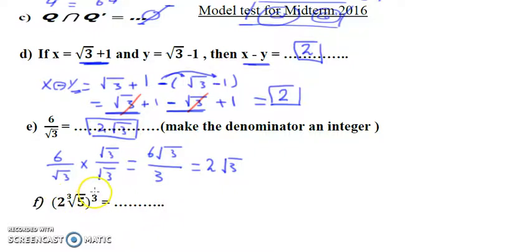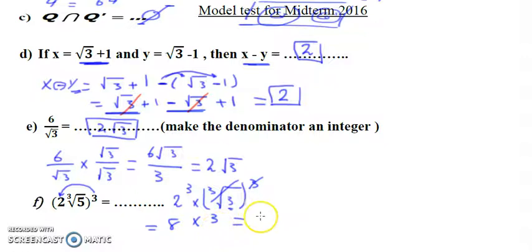As we know, the power will be distributed over multiplication, so it will be 2 to the power 3 times cube root of 3 all to the power 3, which equals 8, and the power 3 will cancel the cube root, so there will be times 3, and 8 times 3 is 24, so the answer is 24.